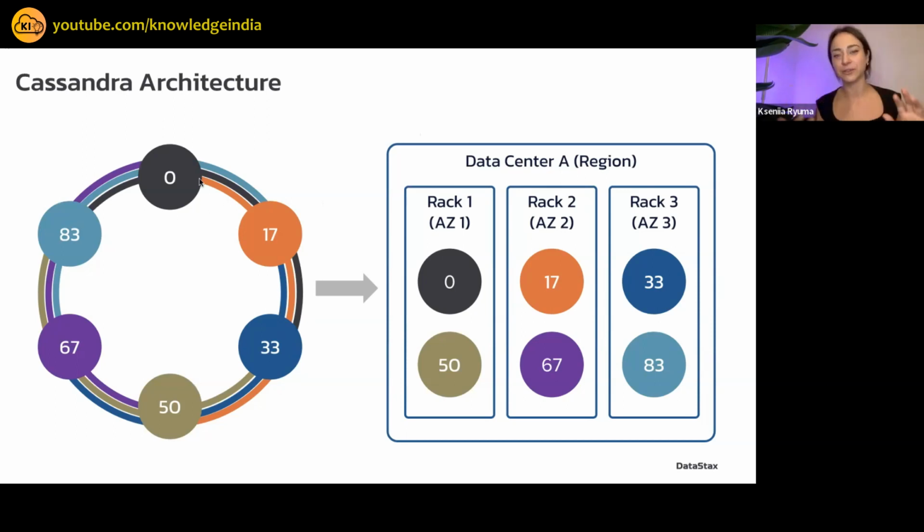Usually when Cassandra architecture is explained, they always bring up this circle or cluster. What does the cluster represent? A cluster has nodes, and you can see the numbers 0, 17, and so on. So these nodes, you can see them as miniature sets of databases.